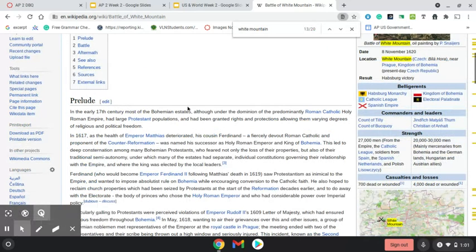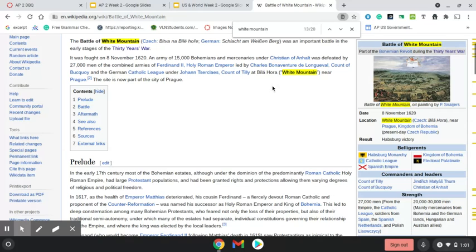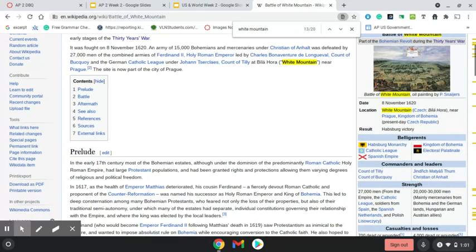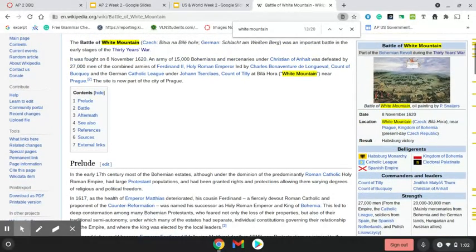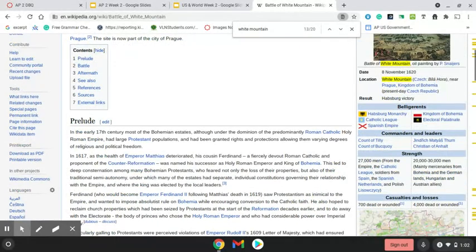There would be 27,000 men on the Catholic side and probably around 25,000 on the Protestant side. The Catholics won.